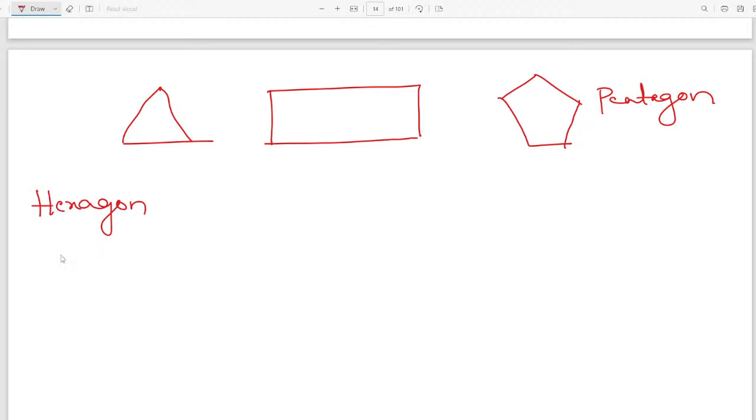So there is a formula for the interior angles of any polygon.